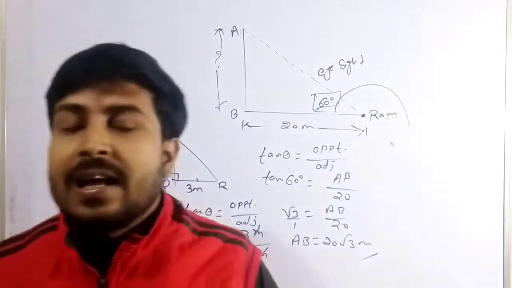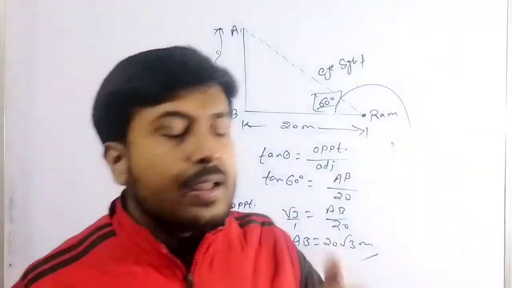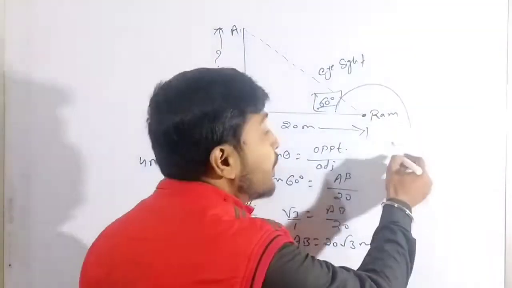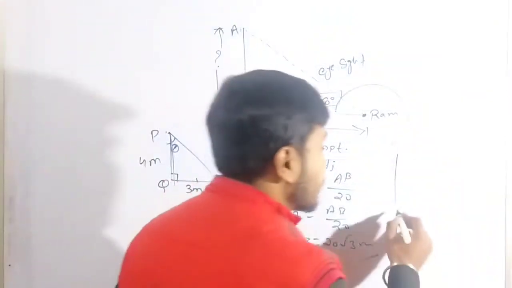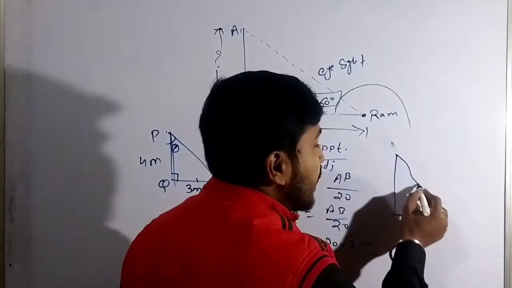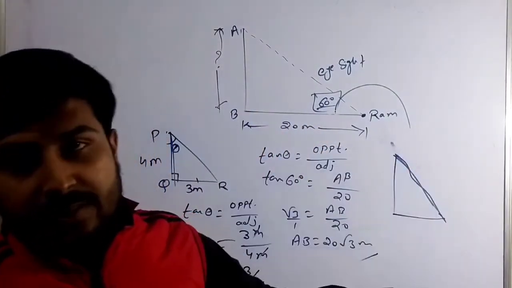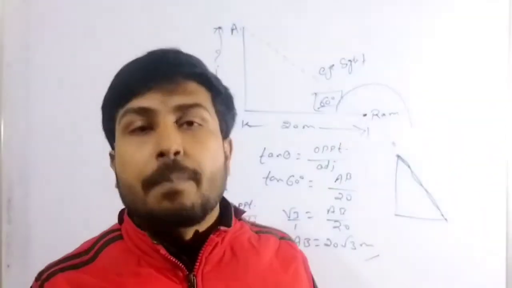Okay, I mean to say that if we know the actual height of a mountain, so suppose this is a mountain, and here is the path from where we have to climb this mountain.